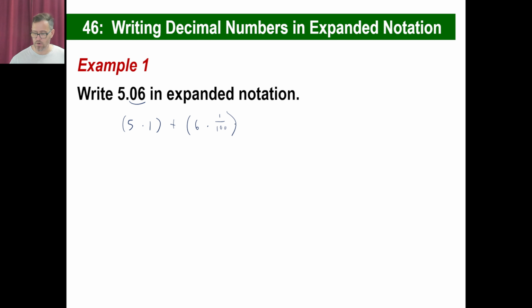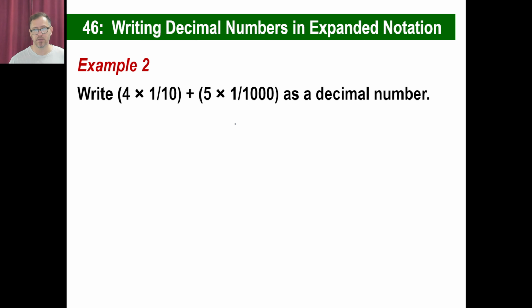Same thing. You're just going to work the other way. All right? How about this one? We're going to go backwards. 4 times 1/10 plus 5 times 1/1000th as a decimal number. Now you might, if you want, again, pause it and write this down. All right, well, 4 times 1/10, well, again, if you know you're messing with a number that has tenths and it has thousandths, you're going to go, oh, that's the farthest decimal to the right.